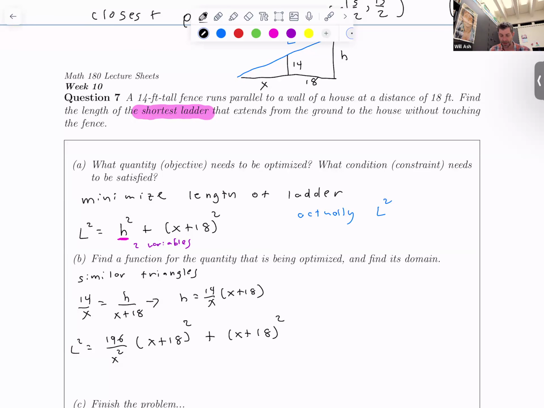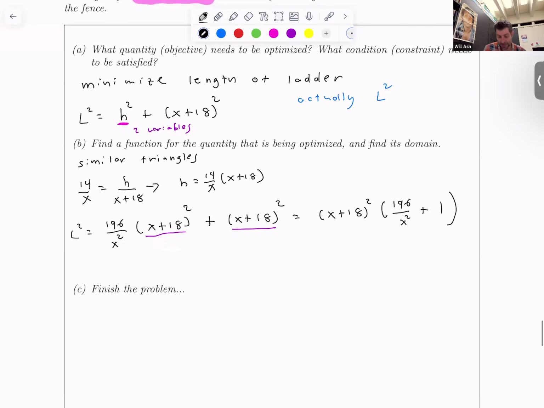Now, to make this all work out nicely, I don't like big, long polynomials, especially when we're going to get cubics and everything like that. So I think it's going to be easier to factor out this common term, x plus 18 squared, and I'm going to call this 196 over x squared plus 1.